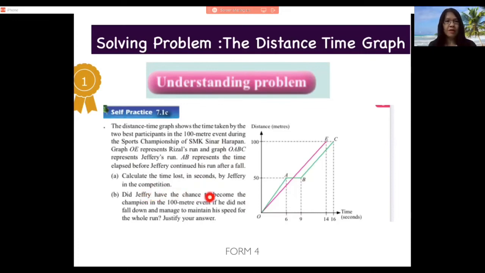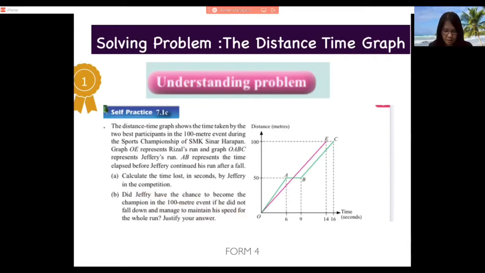Did Jeffrey have the chance to become the champion in the 100-meter event if he did not fall down and managed to maintain his speed for the whole run? Justify your answer. So just in case Jeffrey didn't fall down, will he have a chance to become champion? Let's have a look.